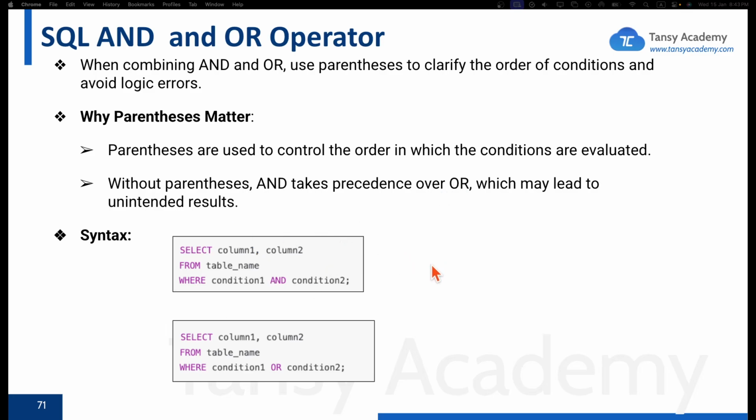Always I recommend, please use parentheses whenever you are using AND or OR, because you have written the code, you have left the company, someone else comes, and you have written 2 ANDs and 10 ORs in a query, people will go crazy to understand that. But if you have parentheses, they will know: this condition, then this condition, then this condition. It's readable.